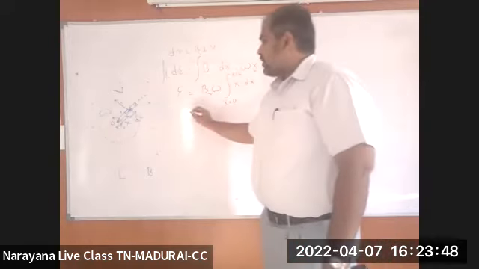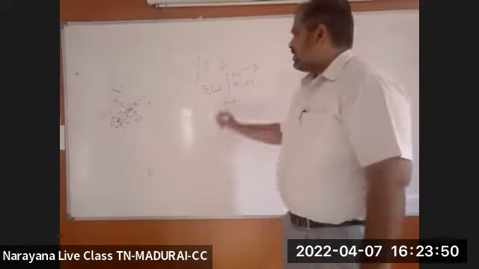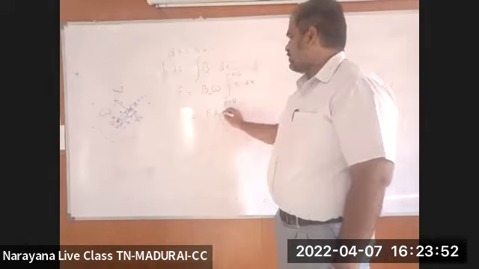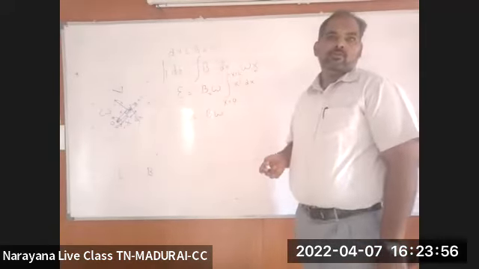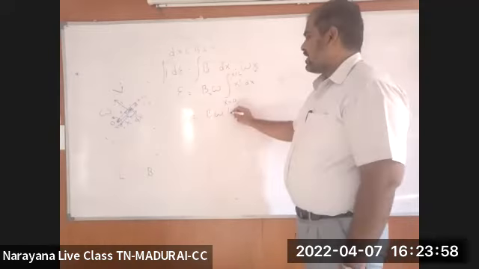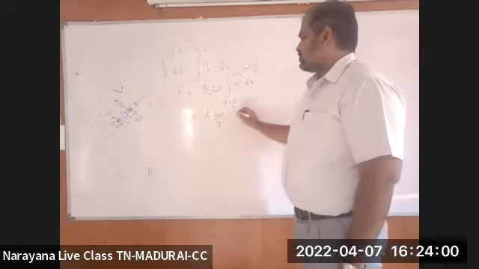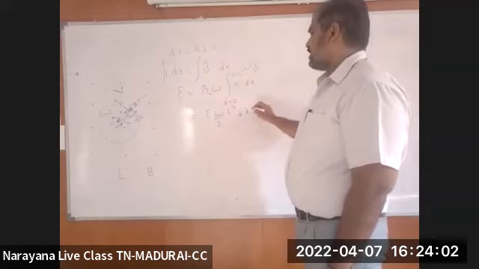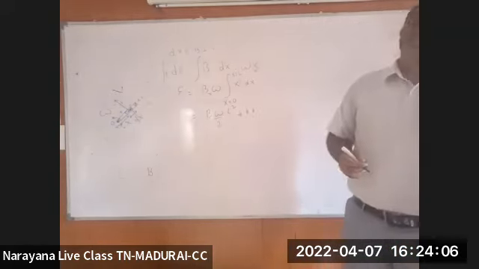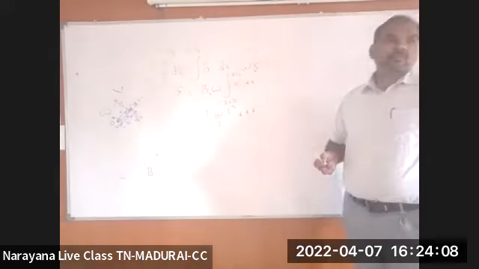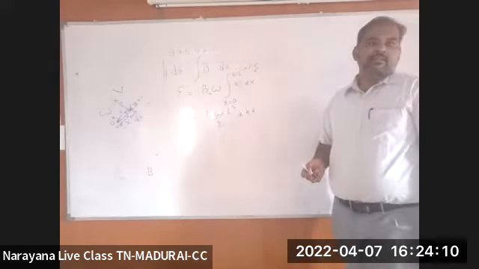So what is the EMF induced across the rod? B into omega into the integration of x power 1, x square by 2. So put the limits: L square by 2. This is the EMF induced across the rod. If you connect any external resistance, you can also calculate the induced current.